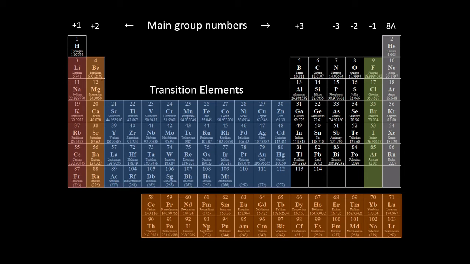When elements are forming ions, elements tend to gain or lose electrons to try to get the same number of electrons as a noble gas. If you remember from the last video, the noble gases are very unreactive. They're very, very stable.